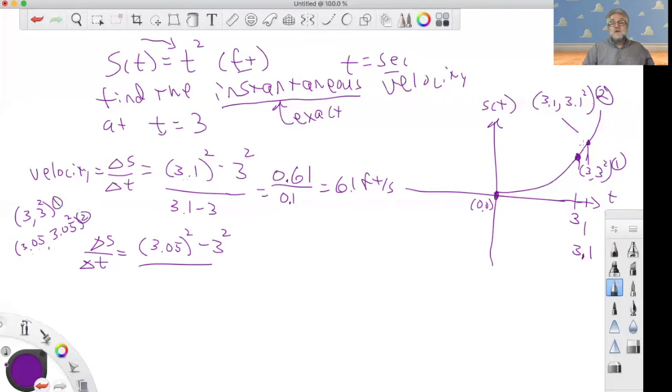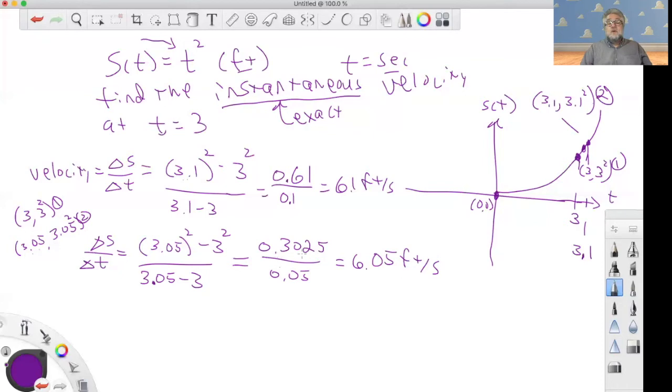I can't really fit them because it's getting kind of crowded. Okay, 3.05 minus 3. Okay, let's do that. Let me get my calculator out. That comes out to be 0.3025 over 0.05. And that comes out to be 6.05 feet per second.